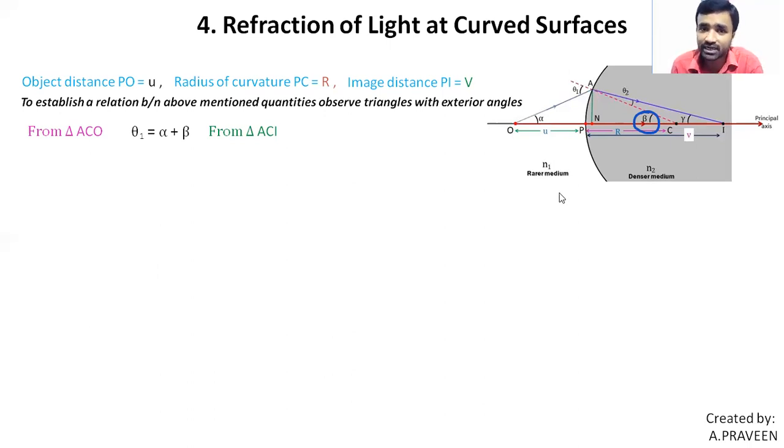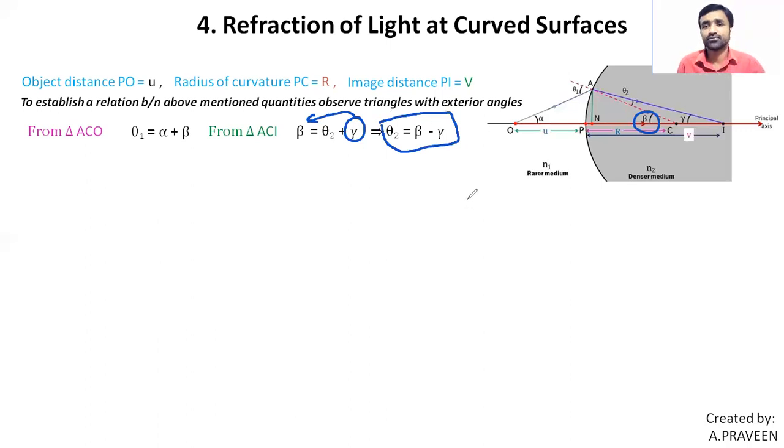So here I am writing beta equal to theta 2 plus gamma. From this, what are we able to write? Theta 2 is equal to beta minus gamma. Here I transposed gamma to the opposite side, so plus will become minus. That's why it is written as beta minus gamma.